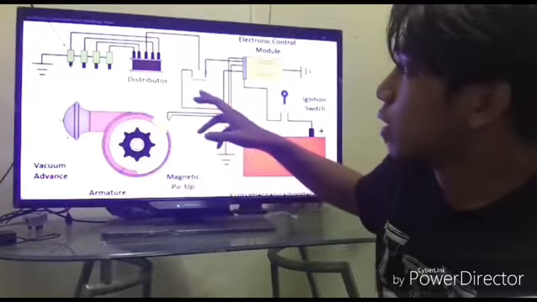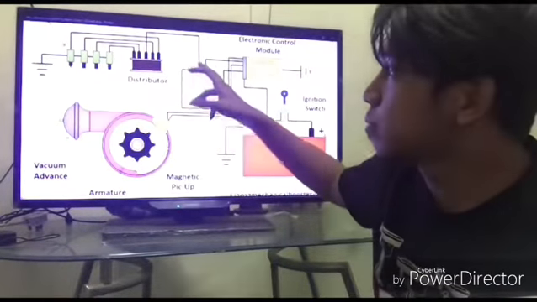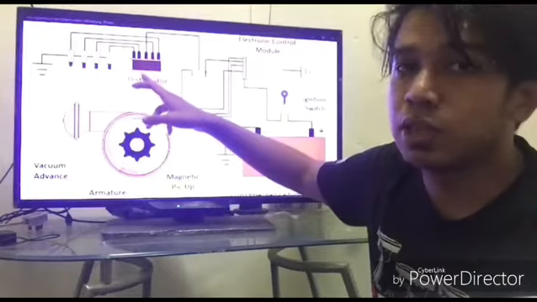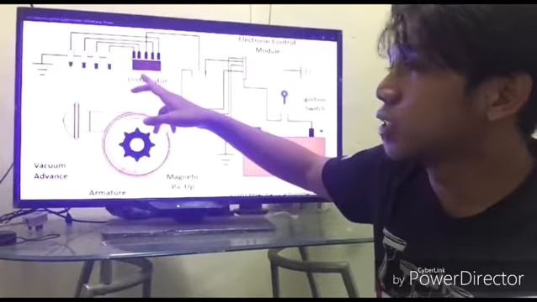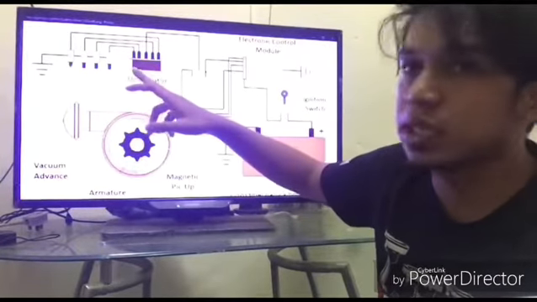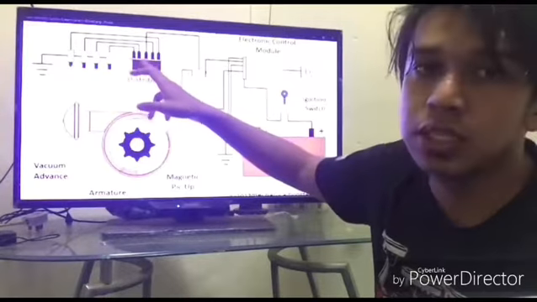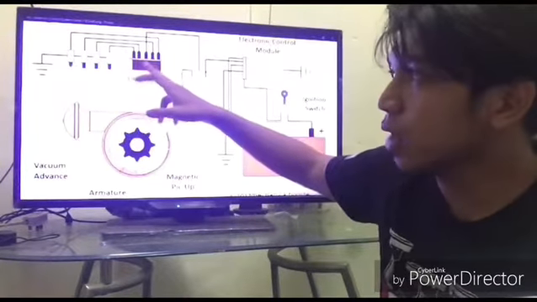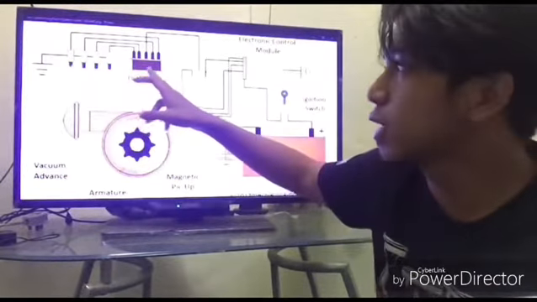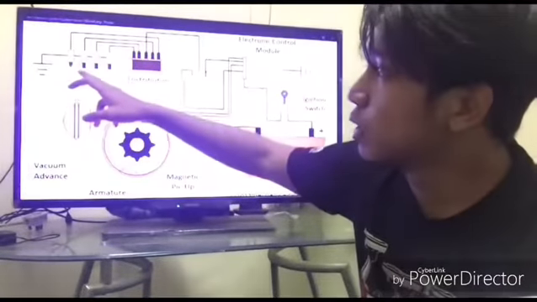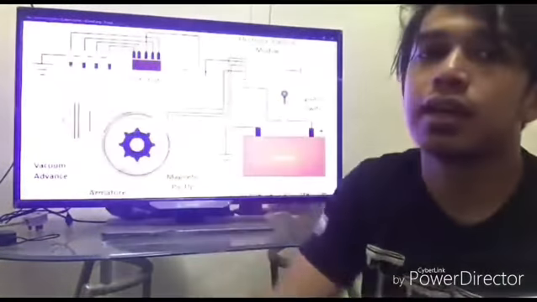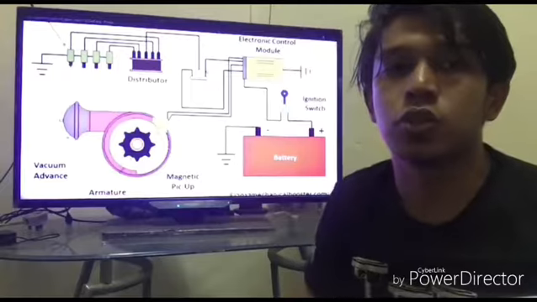After that, the high voltage is transferred to the distributor. In the distributor, the high voltage jumps from the rotor to the distributor point, and then the high voltage is transferred to the spark plug, and the spark is produced.